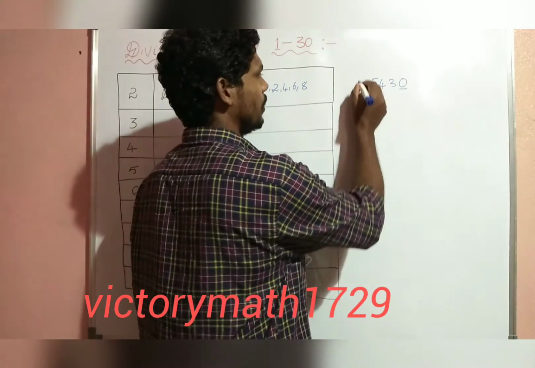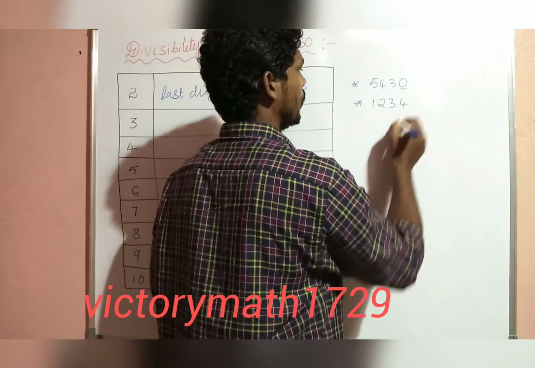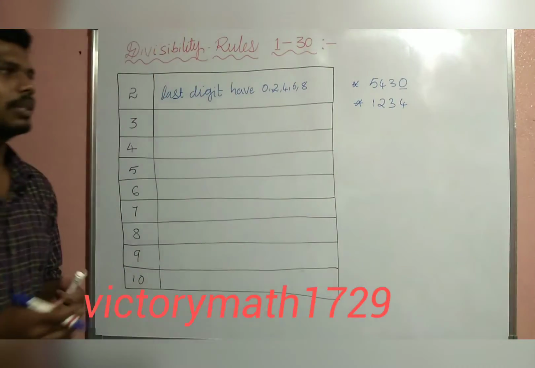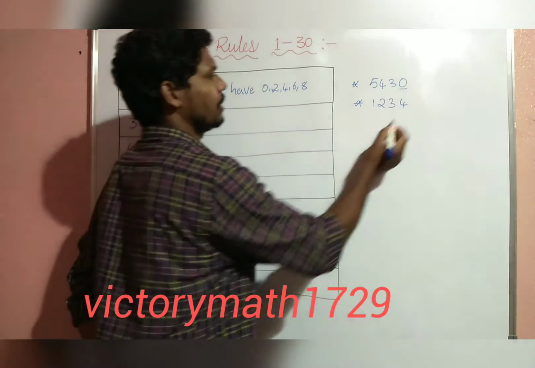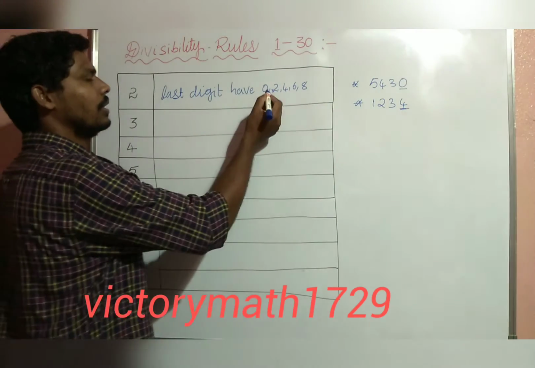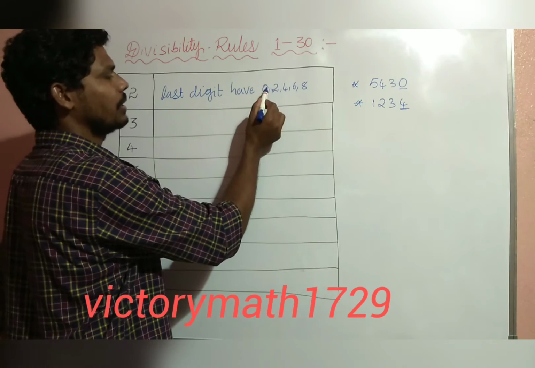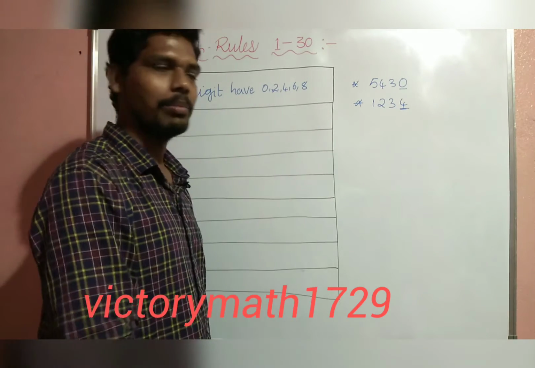One more example. 1234 is divisible by 2. Yes. Why? Because the units place is 4. Whenever the given number has its units place as 0, 2, 4, 6, 8, then it is divisible by 2.